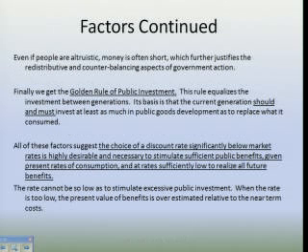First of all, even if people are altruistic, even if I'm willing to invest, money is often short. And that further justifies the redistributive and counterbalancing aspects of government. Even when money is short, we want our government to try to equalize, to distribute, and to provide an adequate array of public goods.